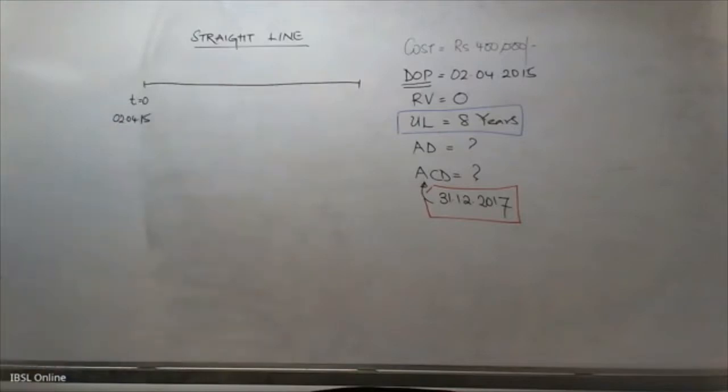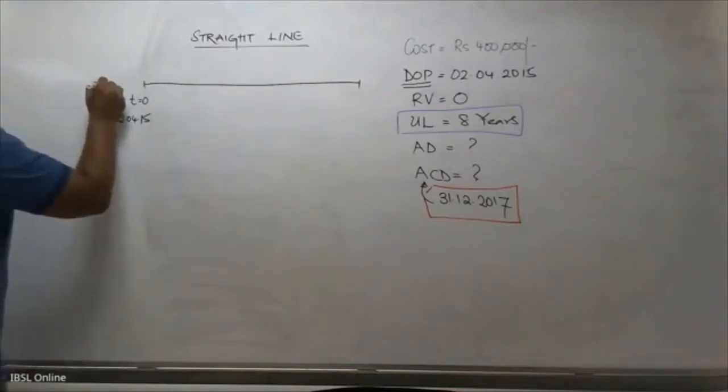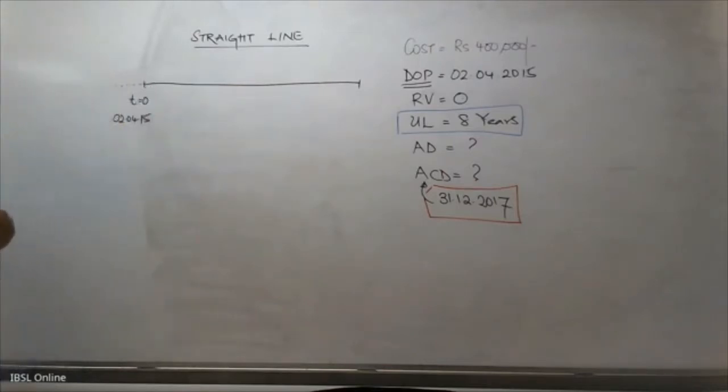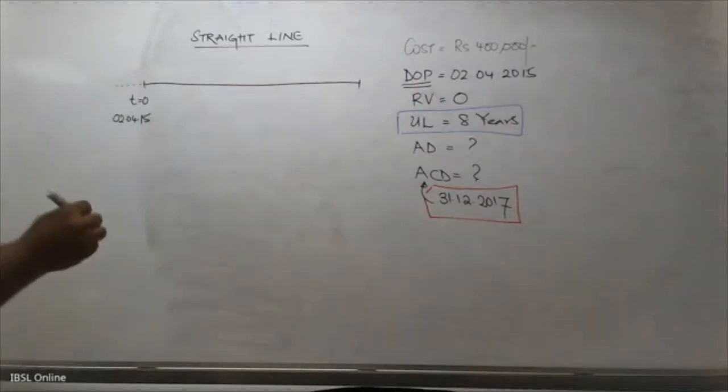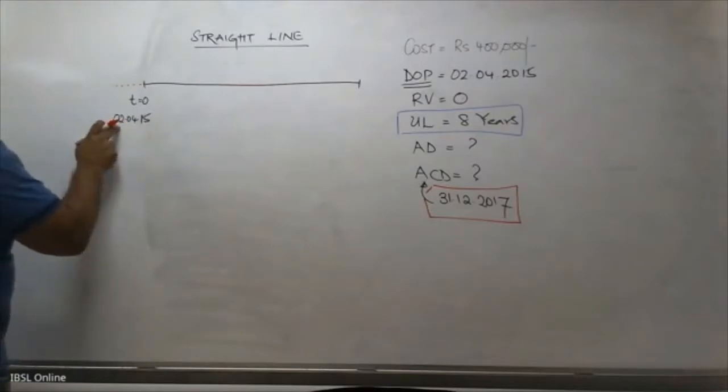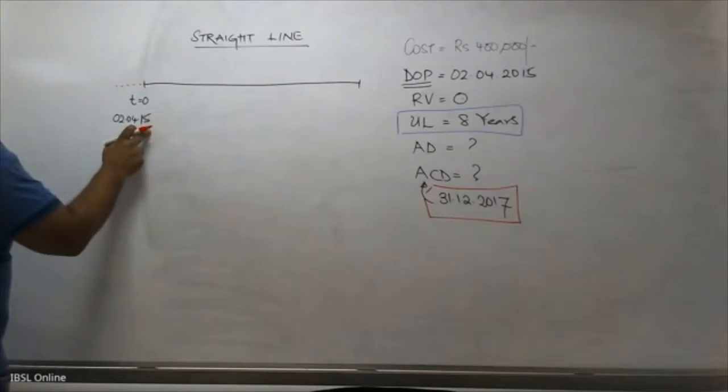Now, what is happening here? If this company's financial year is from 1st January to 31st December, you are purchasing an asset on 2nd April 2015.